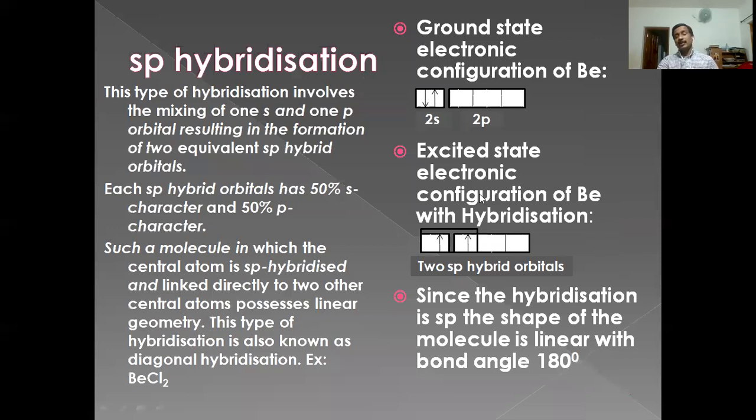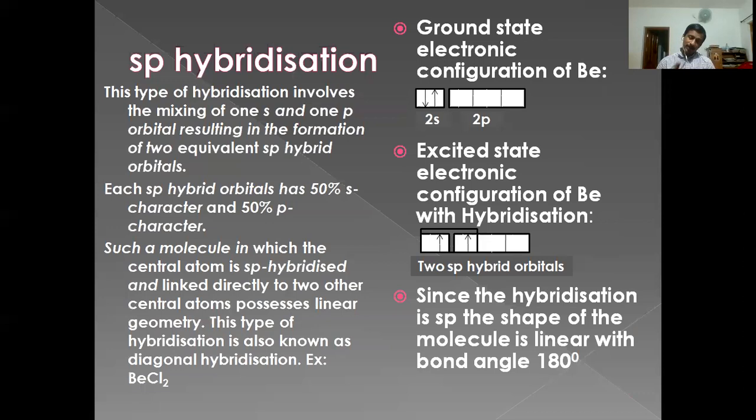Now sp hybridization. If one s orbital and one p orbital are involved in hybridization, we call it sp hybridization. In sp hybridization, two atomic orbitals undergo hybridization, and you will get two sp hybrid orbitals.